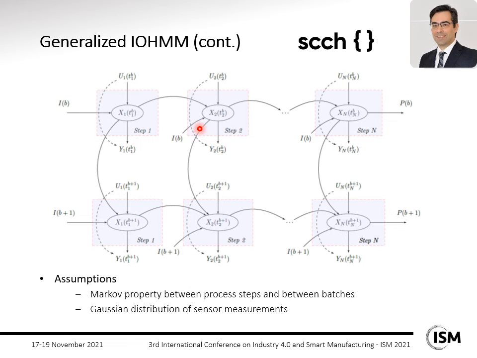So in principle, we have assumed this Markov property between process steps and between batches. However, it's important to note that the same analysis can be extended in a straightforward manner in cases where these dependencies are of higher order, for example, dependencies that go beyond one step ago.